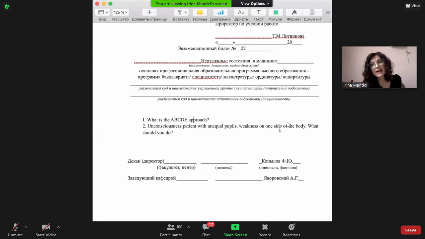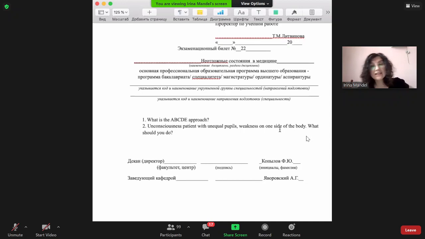Something, these signs of the stroke from one side of the body, and the normal position of the head, of the hand and leg from the another side of the body. And this is the symptoms of the stroke too.